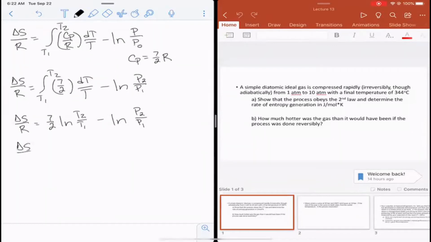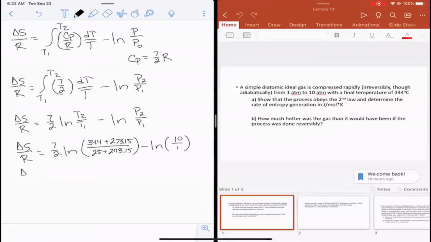So delta S over R then equals 7/2 times the natural log of the temperatures in Kelvin, which then is 344 plus 273.15 divided by 25 plus 273.15, minus the natural log of 10 divided by 1. And so we can find then that delta S over R is equal to 0.244.